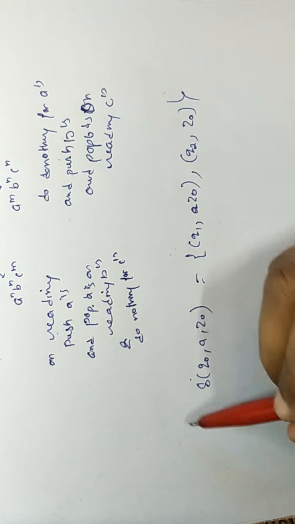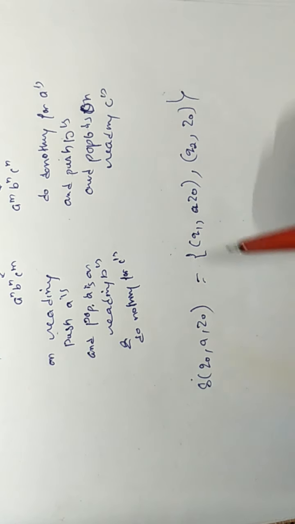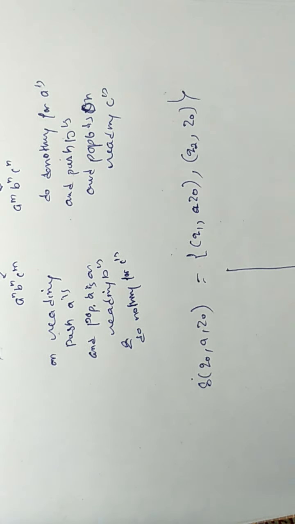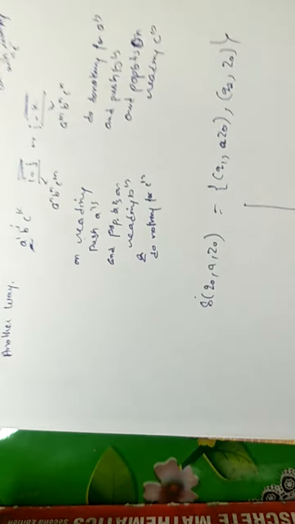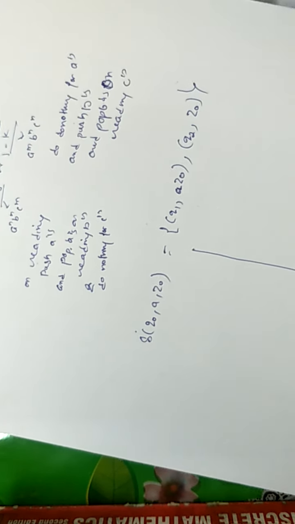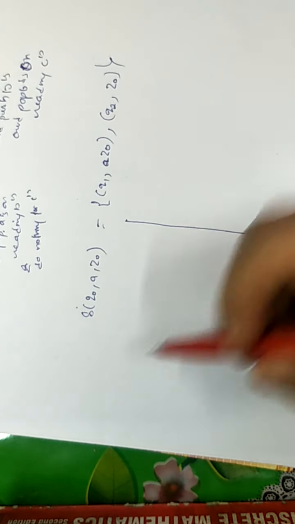So I took the decision on the very first a. The PDA will be divided into two parts. In one part we are going to do i equal to j, and in the second part we are going to do j equal to k.